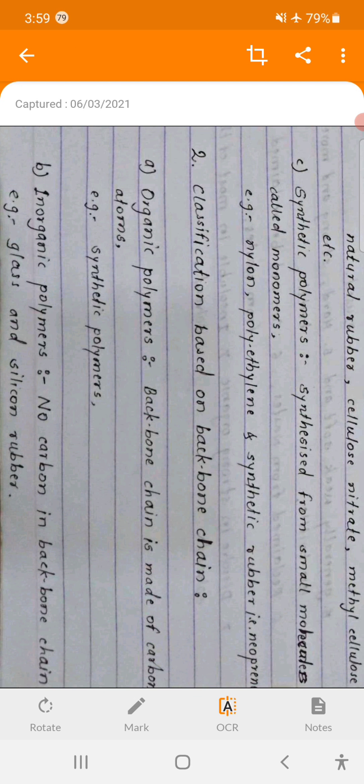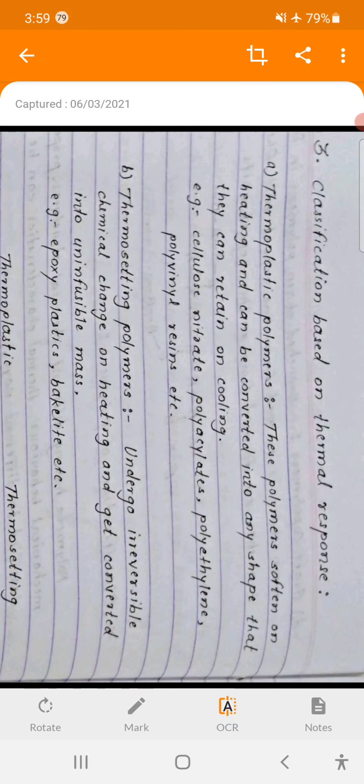Example, synthetic polymers. Then inorganic polymers have backbone chains made up of atoms other than carbon. For example, glass and silicon rubber are inorganic polymers.